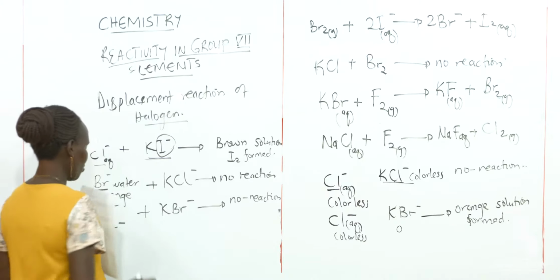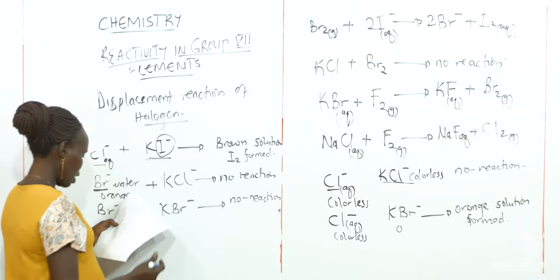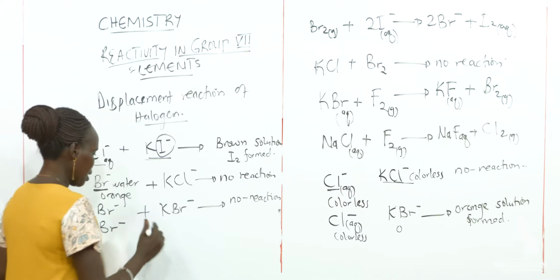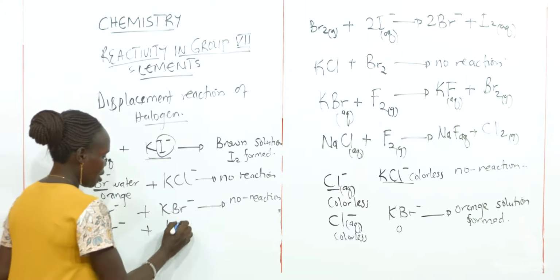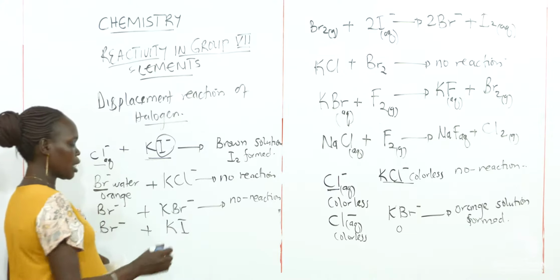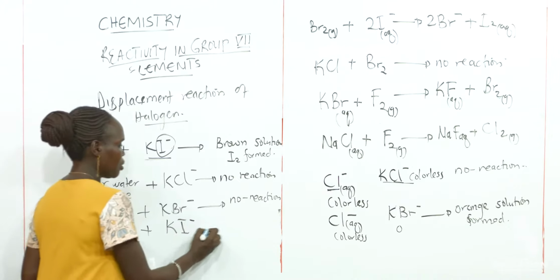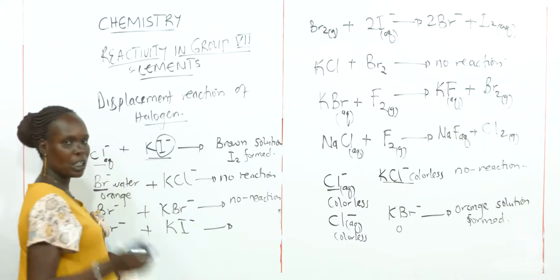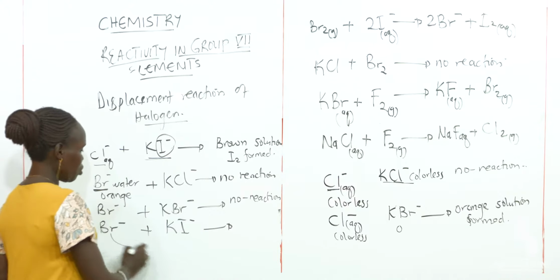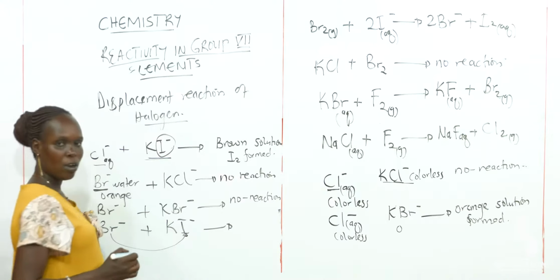Also, we shall have bromine solution reacting with potassium iodide. So if you have bromine reacting with potassium iodide, then we shall have a reaction that occurs. Why? Because here bromine will take the place of iodine.